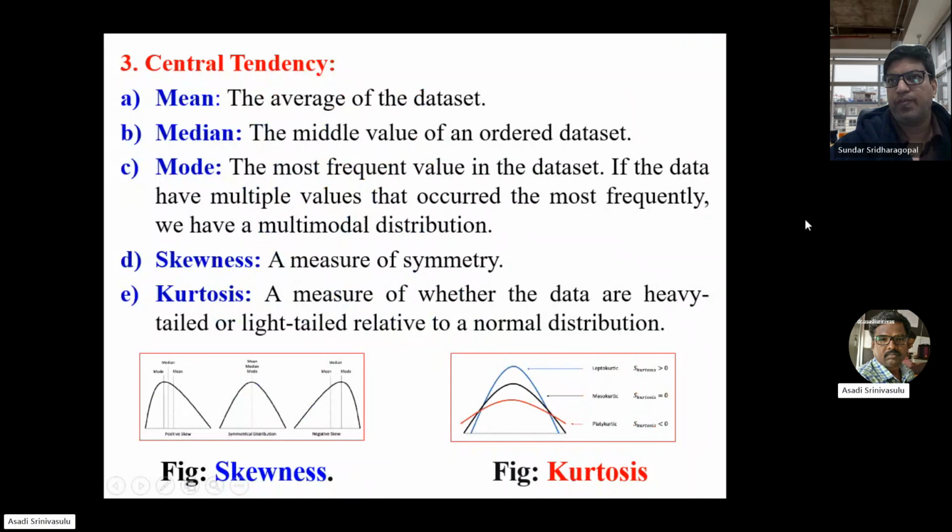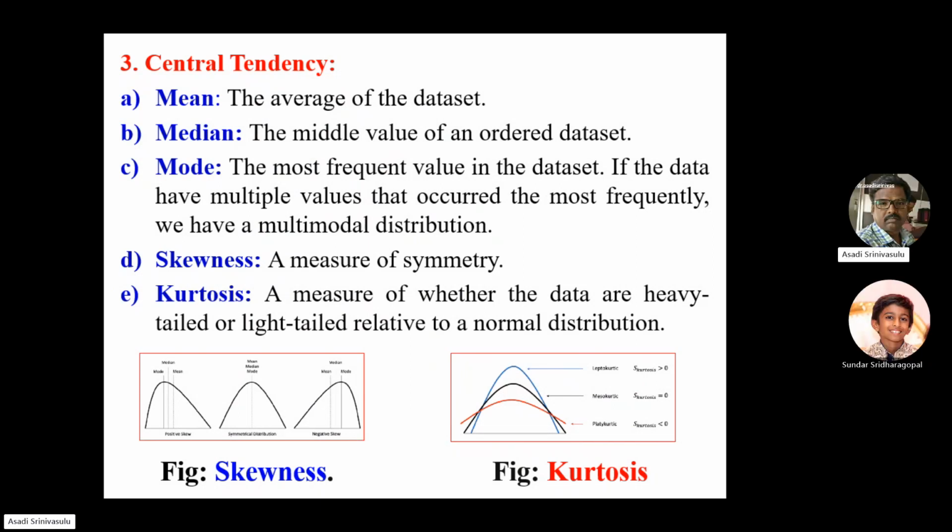Yeah. So now, if you see the kurtosis, my screen is visible, Sundar. Yes, sir. Kurtosis is a measure of whether the data are heavy-tailed or light-tailed relative to a normal distribution. Here we have three types of curves.